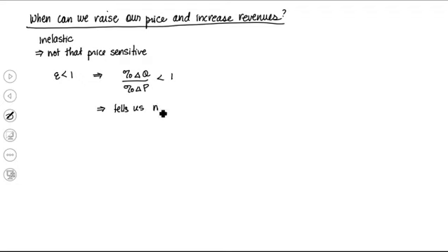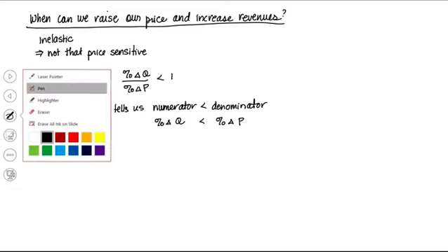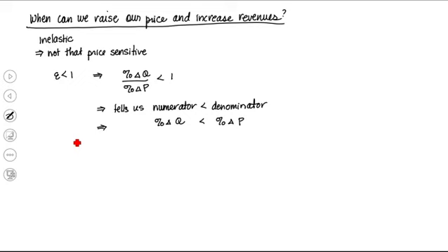So that tells us that the numerator has to be less than the denominator. So the denominator has to be bigger. And if that's the case, then guys, the percent change in quantity has to be less than the percent change in price. Guys, put your phones away. So what this is suggesting then is whatever the price change is, you're going to have a smaller quantity change.